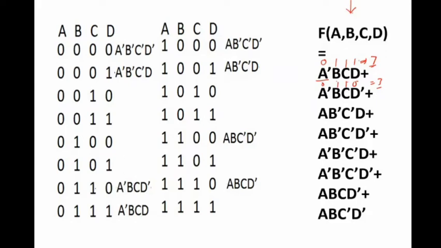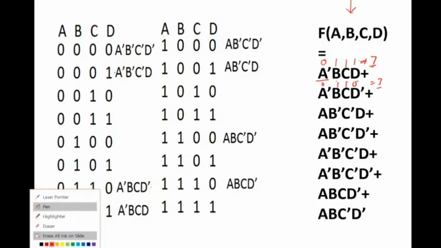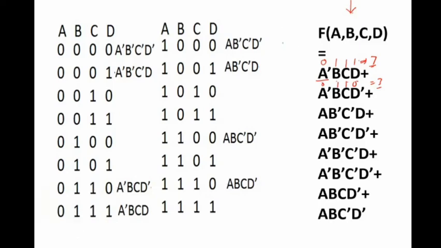So if I give you a different color, you can see that this term is written here. Verified. A bar, B, C, D bar. Okay. Is it fine? Yes, sir. Similarly, this equation is written here.